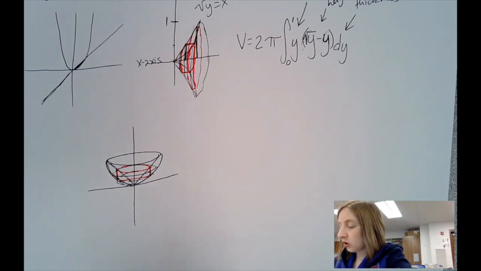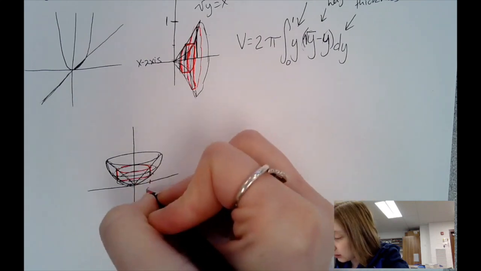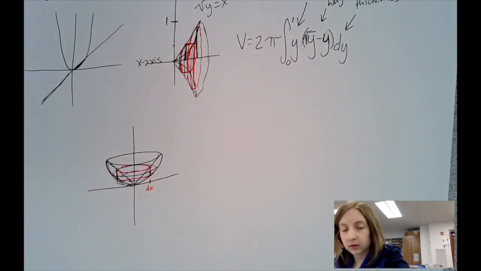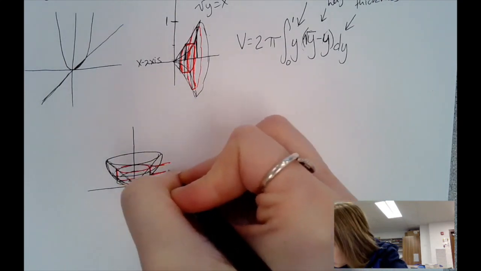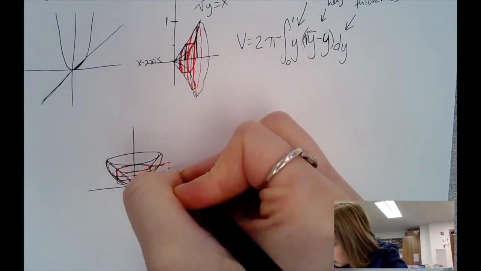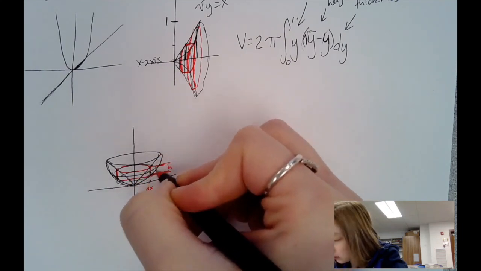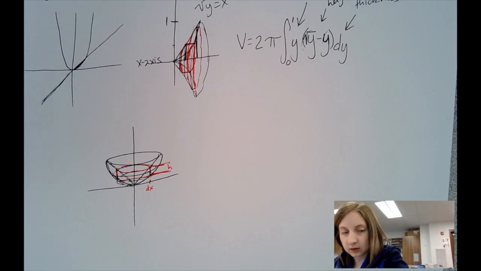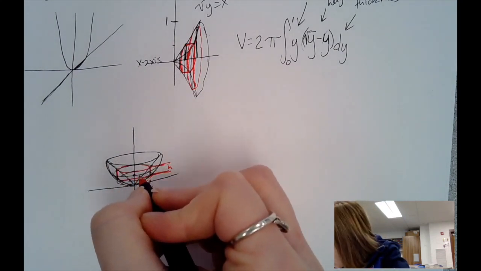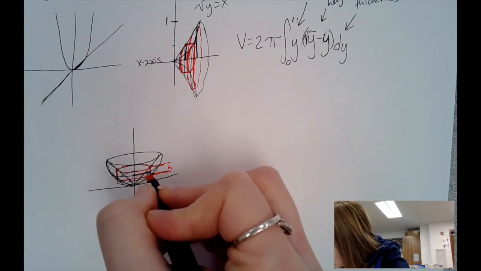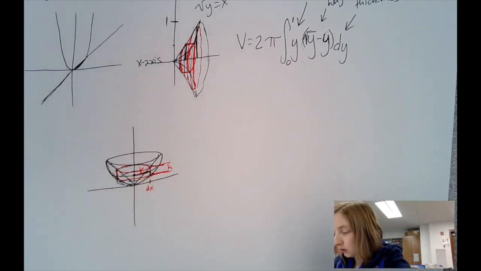So just looking at this shell, we can see that the thickness here is in this direction. The thickness is dx. The height of this particular one would be this length from here to here. That's the height. From this curve down to this curve. That's the height. And then the radius is coming from the axis that we're rotating around out to our shell.